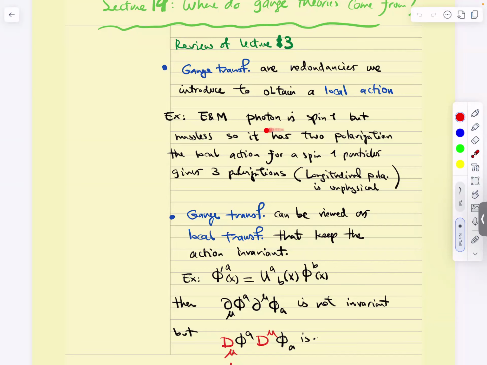And the example is electromagnetism. Photon is spin 1, it's massless. There is no local action you can write down for a massless spin 1 particle with only 2 polarizations, because the action you write down for a spin 1 particle automatically has 3 degrees of freedom, but the longitudinal degree of freedom we do know is unphysical.